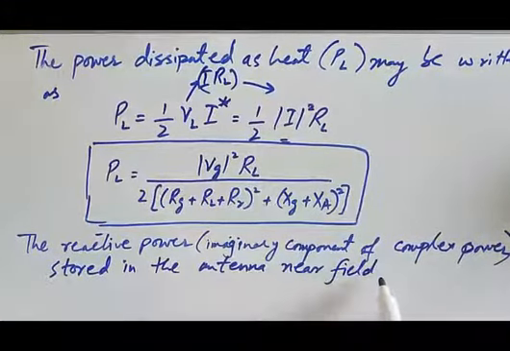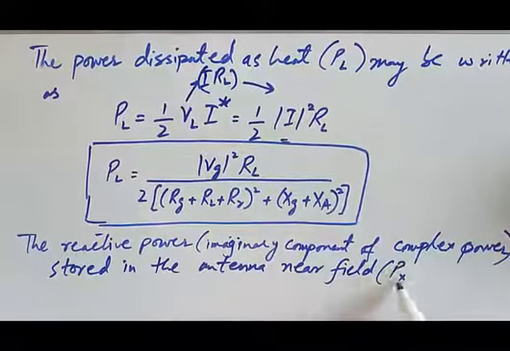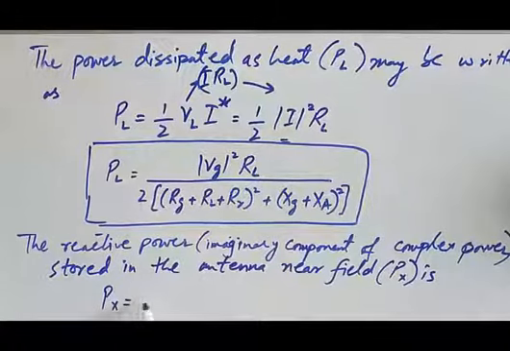So what is that going to be? This can be denoted as Px, for example. This Px is actually equal to half of Vx.